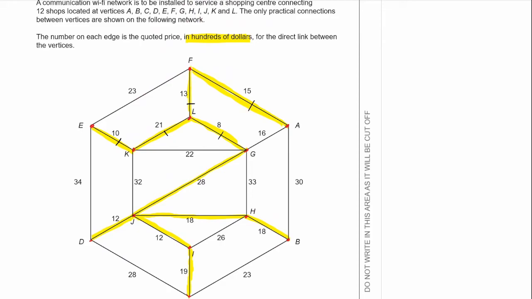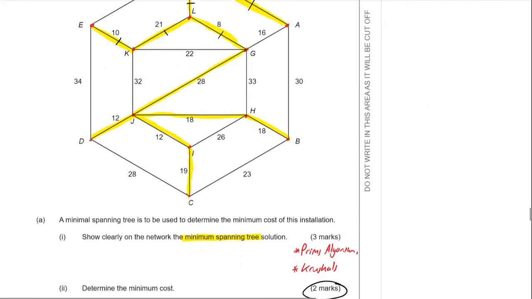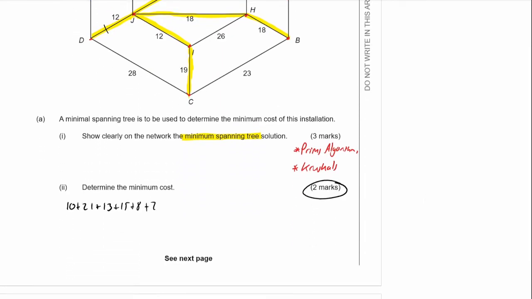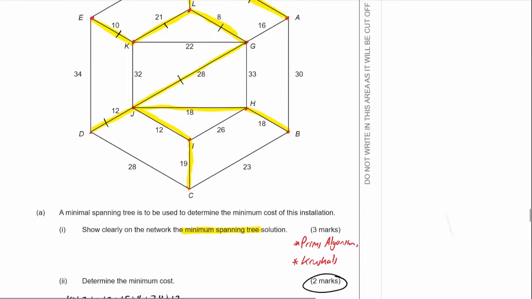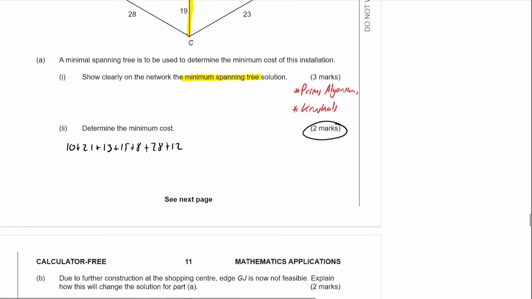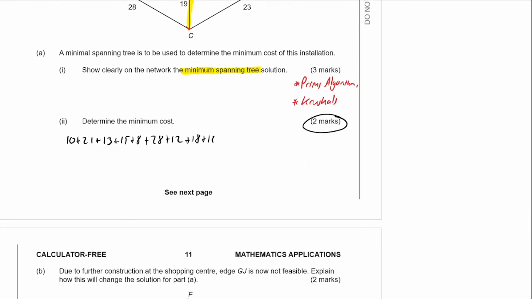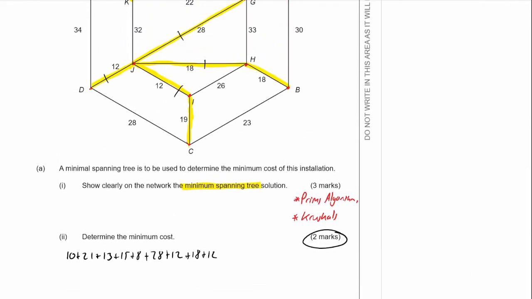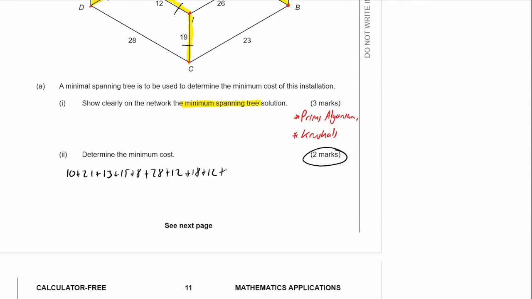We've done that one. Then we'll go down. So we'll go 28 and 12, plus 28 plus 12. Then we'll go 18 and 12, plus 18 plus 12. And then we'll go 18 and 19. So plus 18 plus 19.